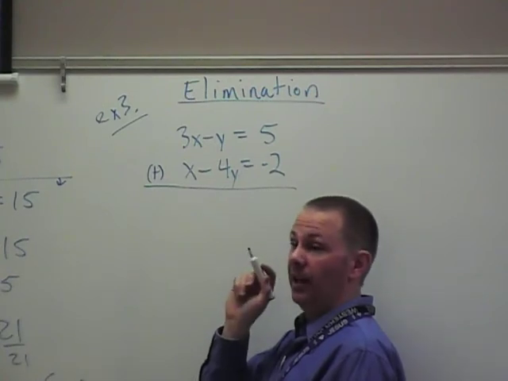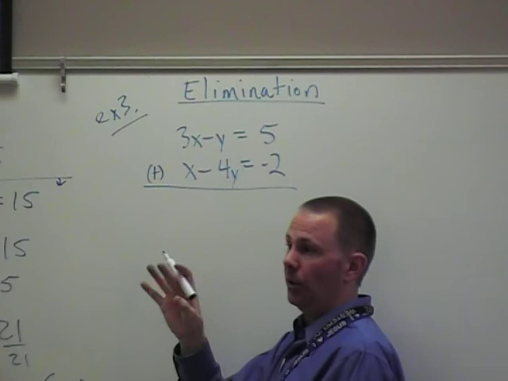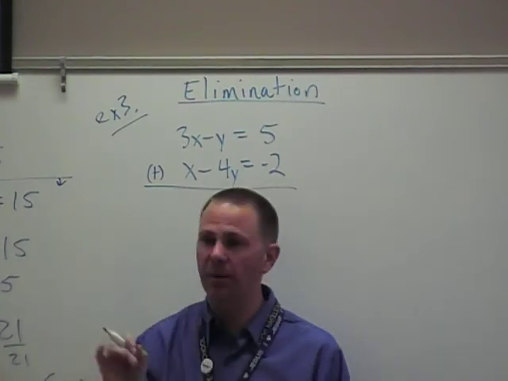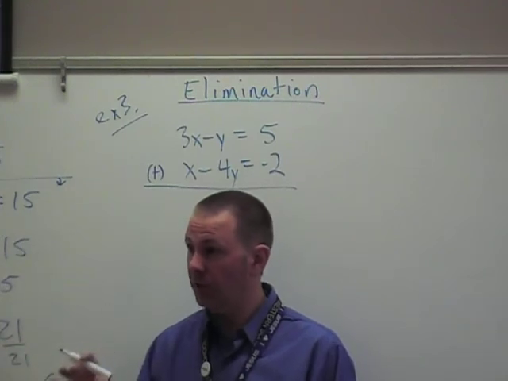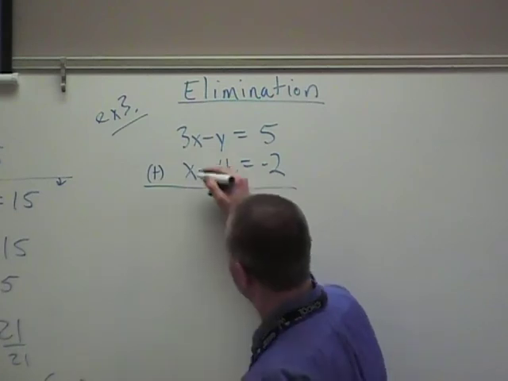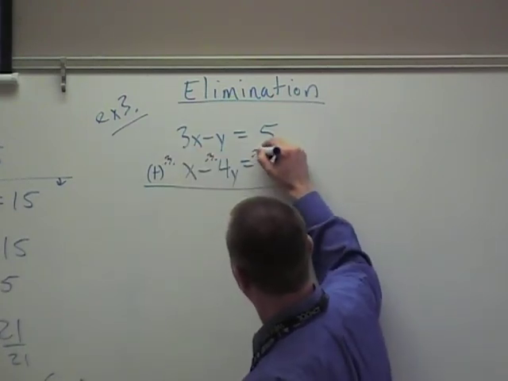On both sides and to every term. Remember, back in chapter 2, I said if you introduce something into the equation through multiplication or division, you have to do it to every term. So that means I'm going to take this times a -3, that times a -3, that times a -3.